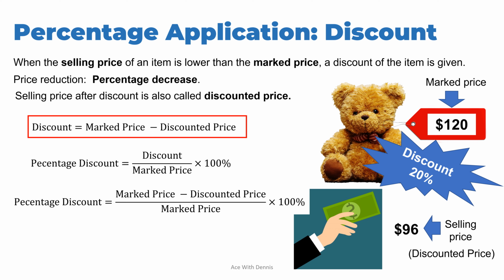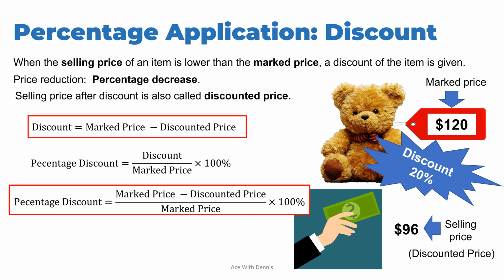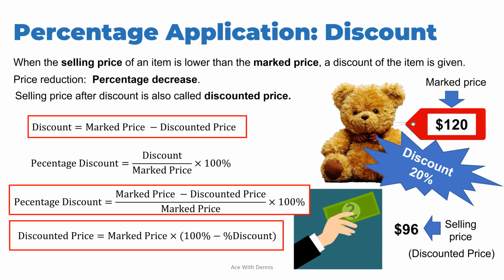Or the more frequently used formula for percentage discount is mark price minus discounted price over mark price times 100%. So the discounted price equals mark price times 100% minus percentage discount. So we can use this formula to get the discounted price fast.